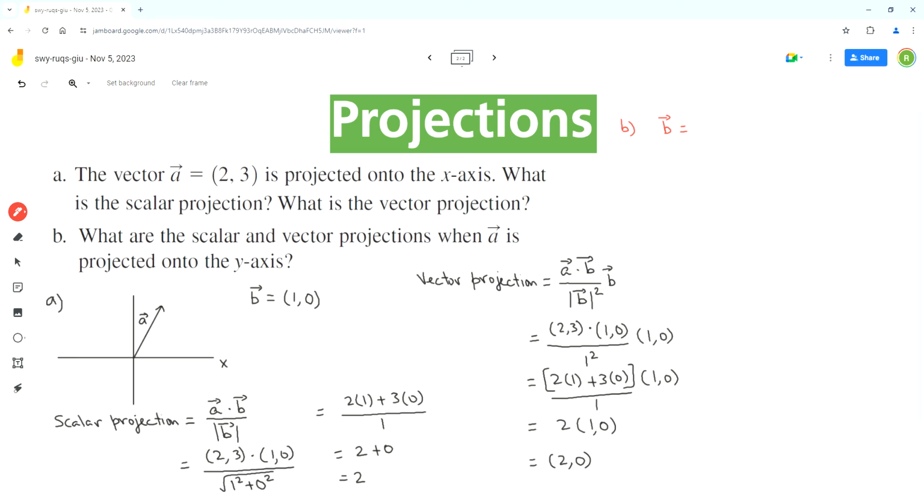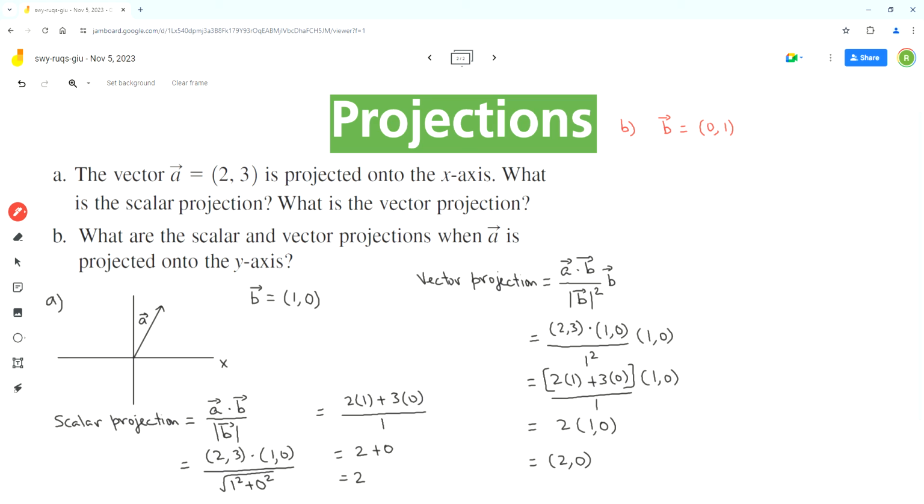So we'll have to consider only the positive part of the y-axis because that's the part of the y-axis in quadrant 1. And it can be any point 1, 2, 3, 4, but we should use the easiest point, which will be 1. So the vector will be 0, 1.